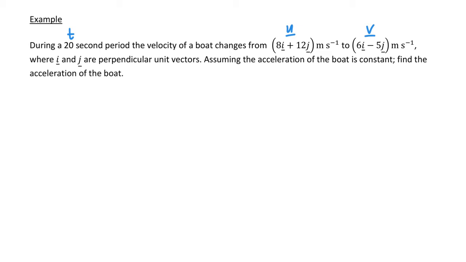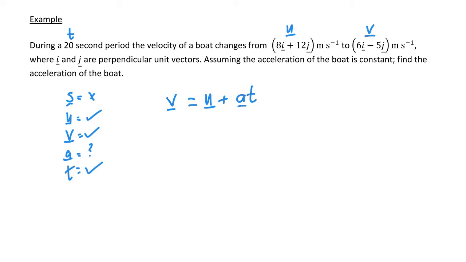So if we think to our CVAT, we aren't worried about the displacement. The initial velocity we have, the final velocity we also have, the acceleration is what we're looking for, and the time we have. So the equation that we can use here will be v equals u plus at.